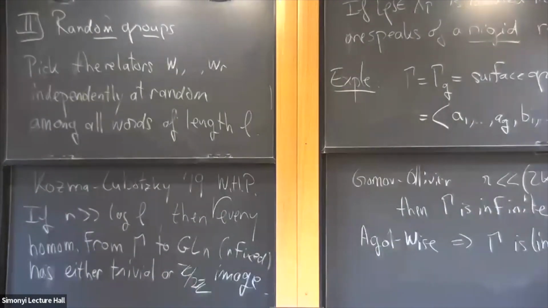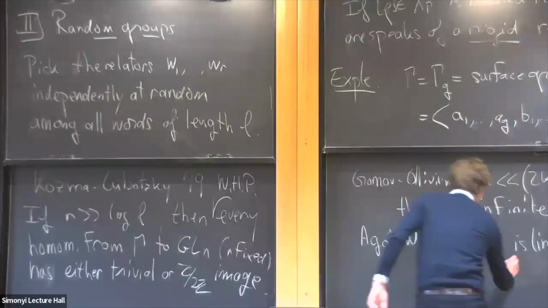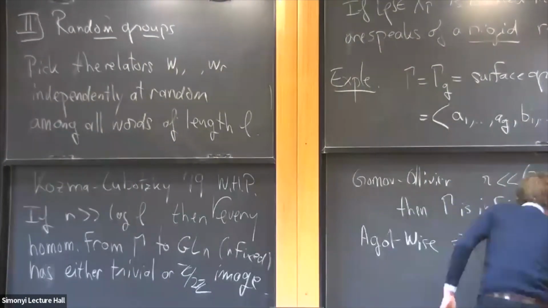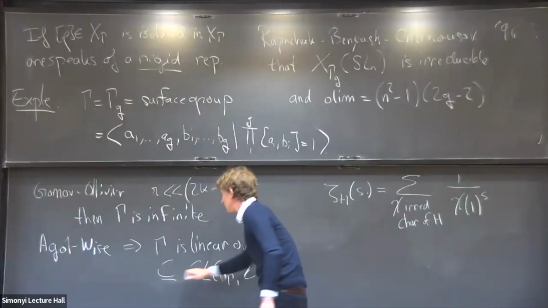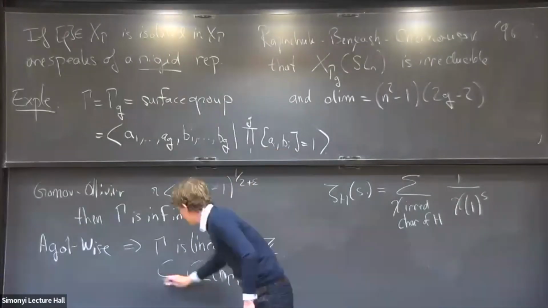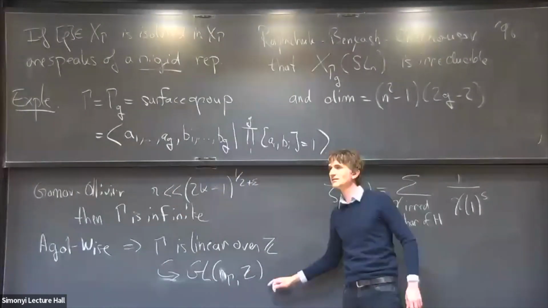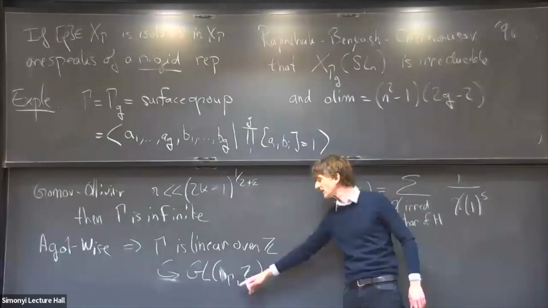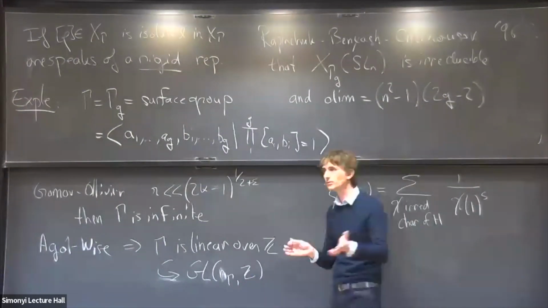Linear over Z just means there is an injective homomorphism into GL_n(Z) for some n, which is very large and depends on Gamma. But if you fix n, then it doesn't happen.